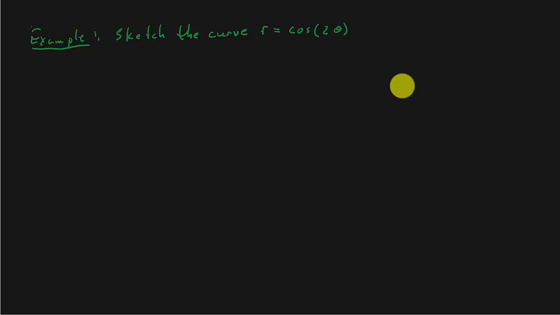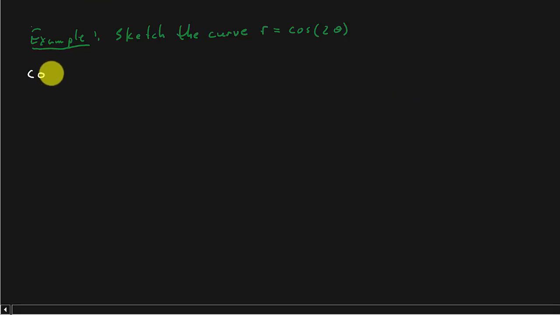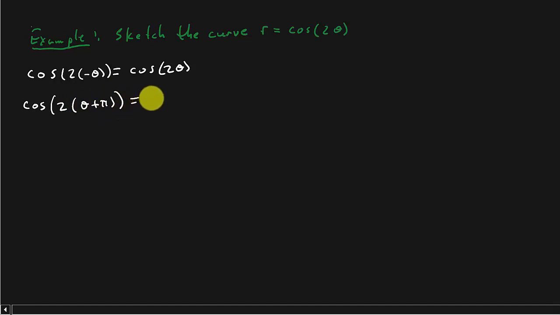Okay, so I'm not going to go through and work it all, but cosine of negative theta, if we did cosine of 2 times negative theta, that would give us cosine 2 theta. And if I did cosine of 2 times theta plus pi, that would also give us cosine 2 theta.